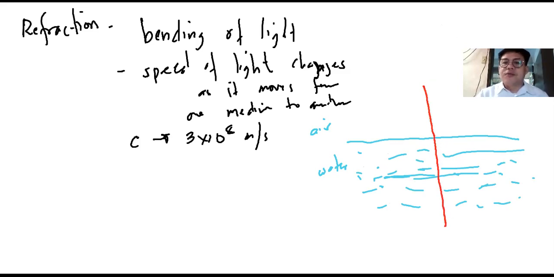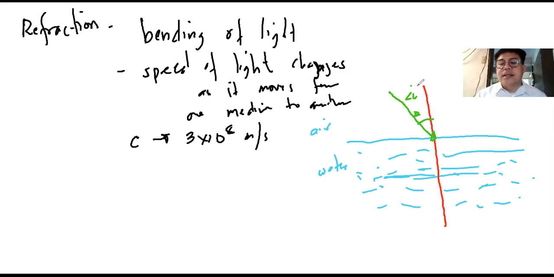Let's say we have a light ray, and this is your angle, which is called the angle of incidence. The angle theta is the angle of incidence, measured from the normal line.